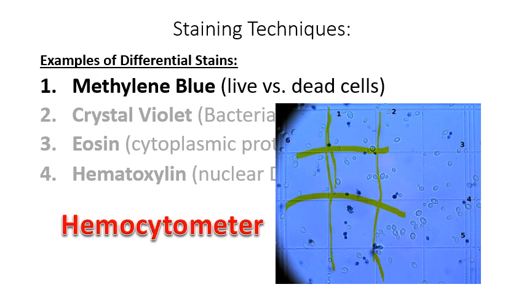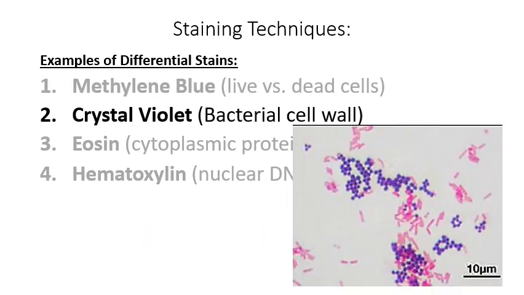In this case, if you stain the cells with methylene blue, you can not only count the number of cells per milliliter, but you can also count the number of live versus dead cells per milliliter. You would typically count 5 or so of these squares, and then count up the number of live cells and the number of dead cells in the hemocytometer, and the methylene blue would allow you to tell the difference between live versus dead cells.